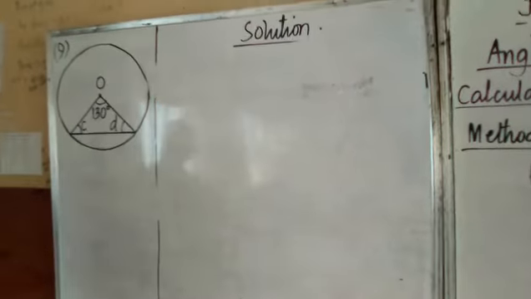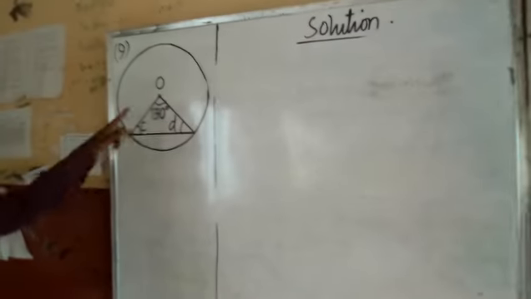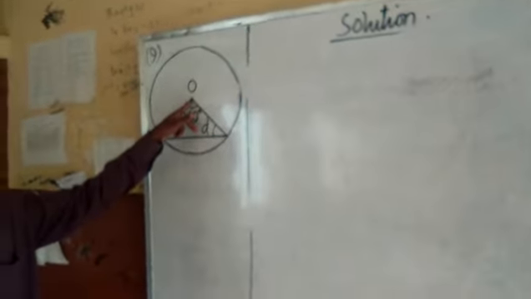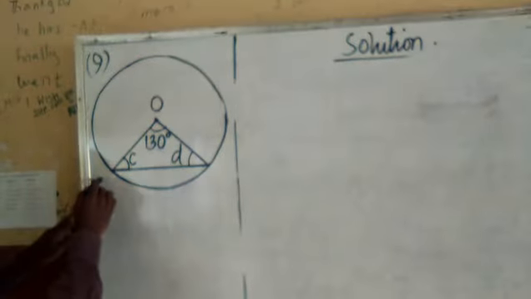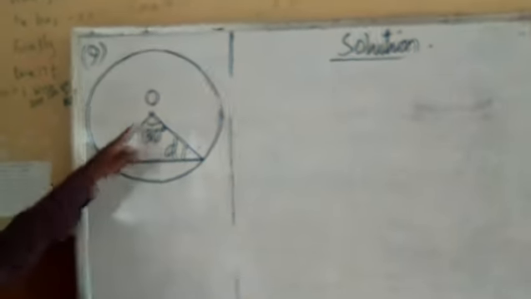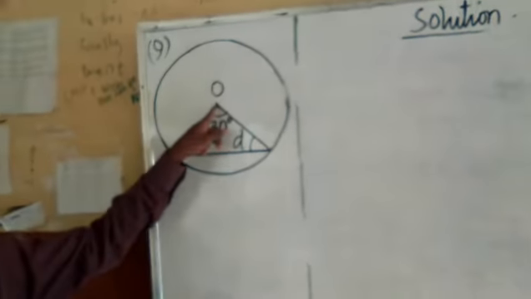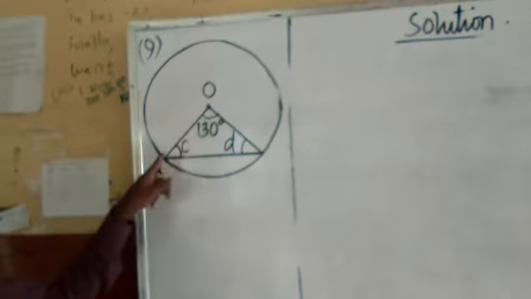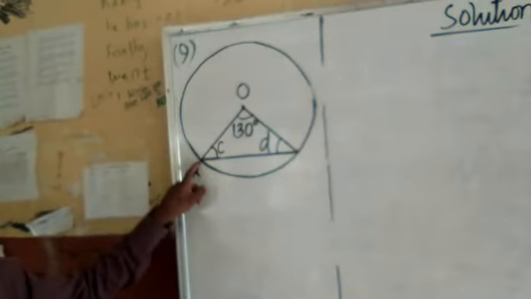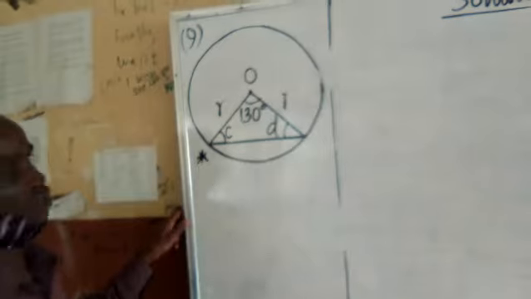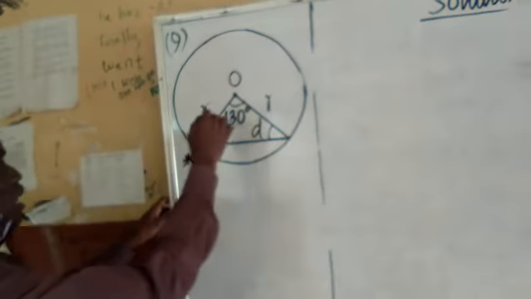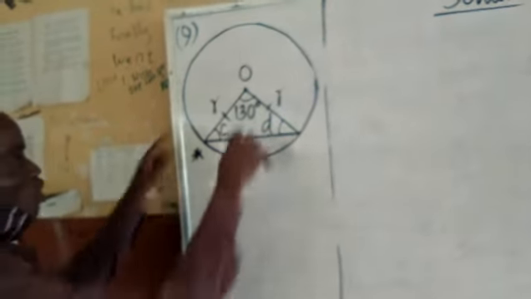Okay? This is a circle. From the center of the circle, center O, to this point, a line that joins the center of the circle to any point on the circumference is a radius. This is a radius. This is also a radius. That implies that these two are equal.